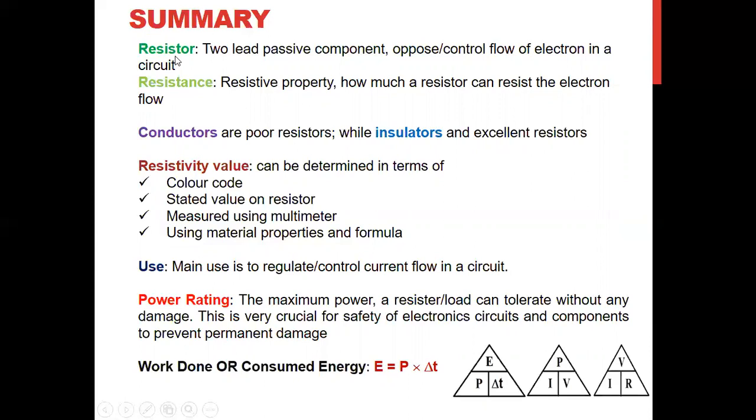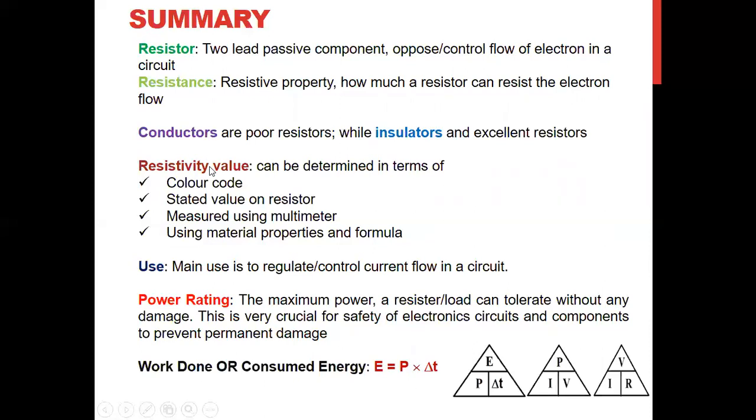A resistor is a two-lead passive component used to control the flow of electricity in a circuit. Resistance is the property of a resistor, how much it opposes the flow of current. For example, conductors are very poor resistors while insulators are excellent resistors because they don't allow electron flow at all.